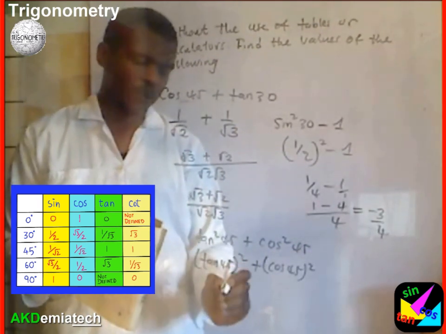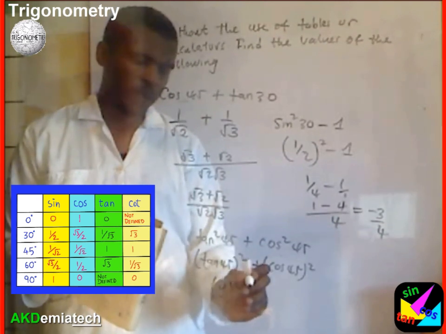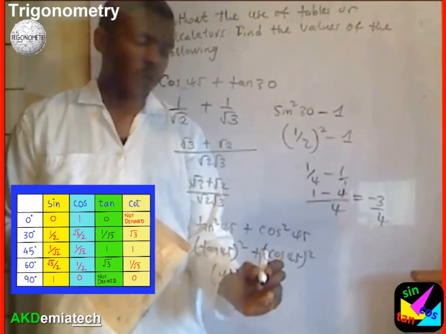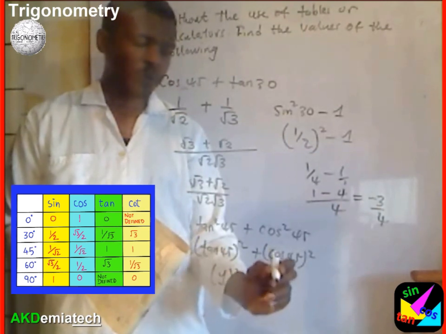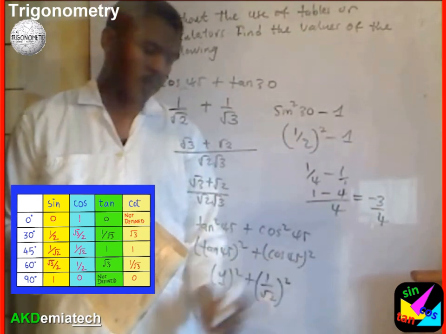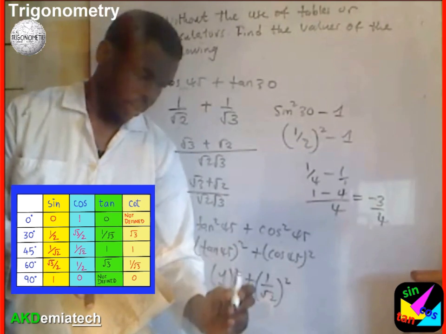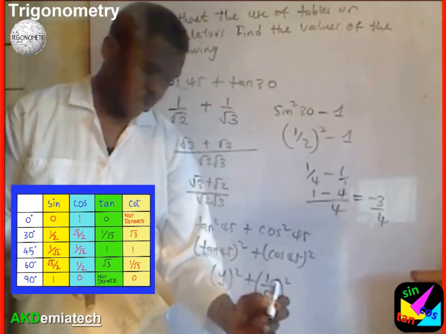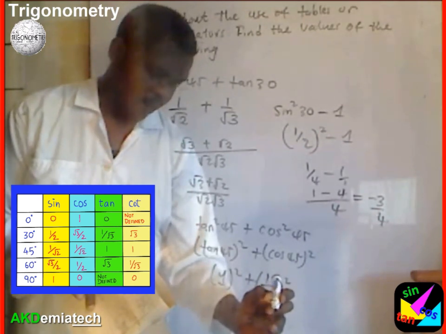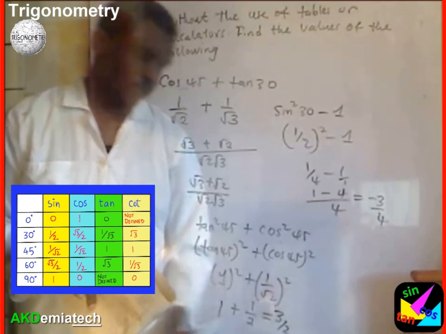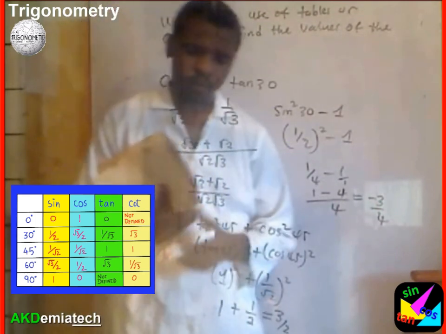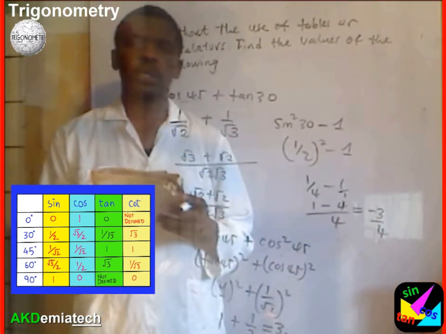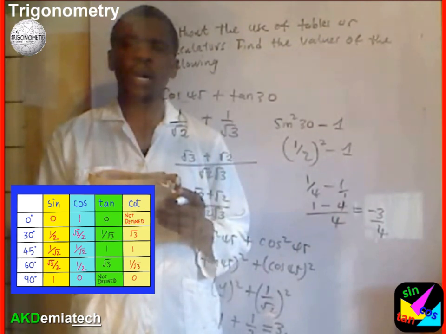It's equal to 1. So this is 1 square plus cos 45, 1 all over square root of 2, all square. So this is equal to 1 plus 1 all over 2. This is equal to 1.5 or 3 all over 2. In a similar way, work out the following problems.